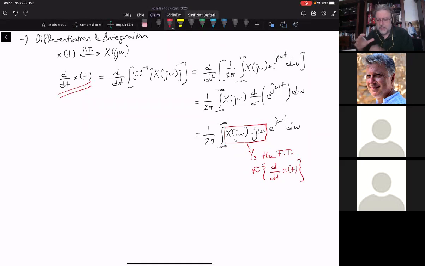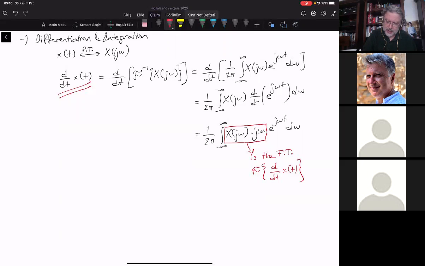Everything inside the integral is e to the j omega t d omega with the 1 over 2 pi, and whatever multiplies e to the j omega t inside the integral is the Fourier transform by definition of the inverse Fourier transform.